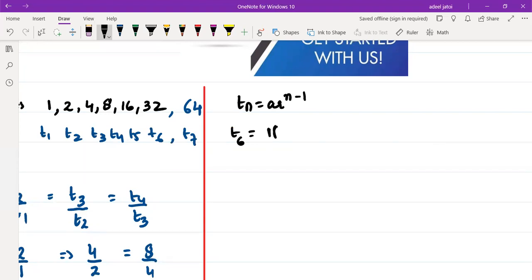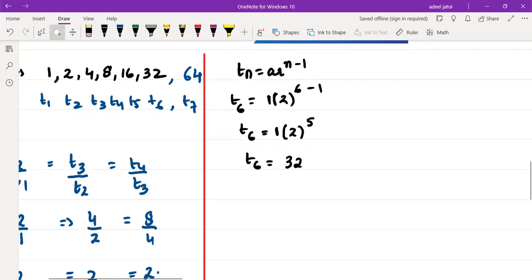The ratio that we calculated for the series was 2. 6 minus 1, because n is 6, because it requires me to give the answer for T6. So T6 is equal to 1 times 2 to the power 5. And 2 to the power 5 means 2 multiplied by 2 multiplied by 2 multiplied by 2 multiplied by 2, which means 32 will be the answer for 2 to the power 5.